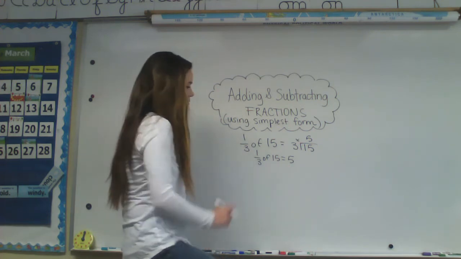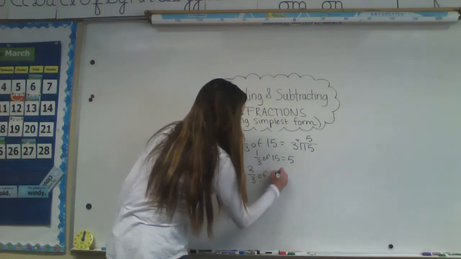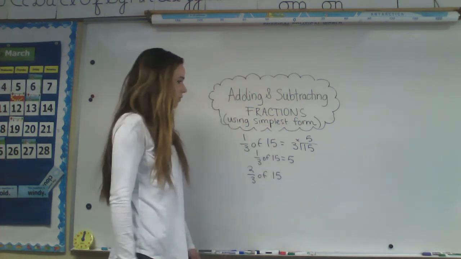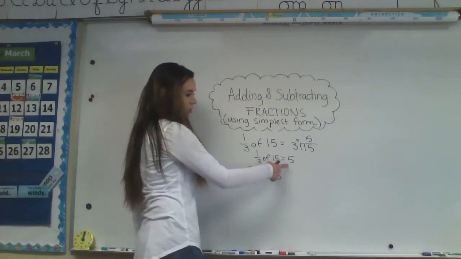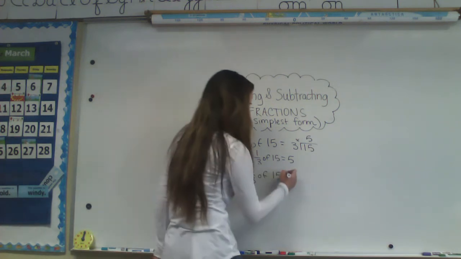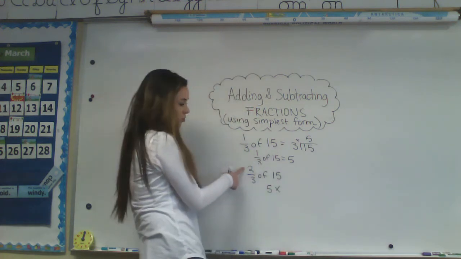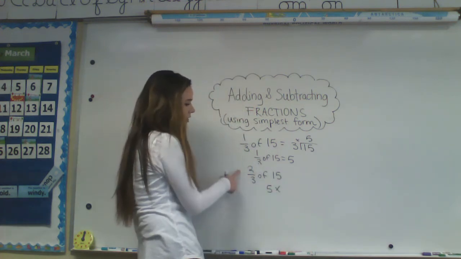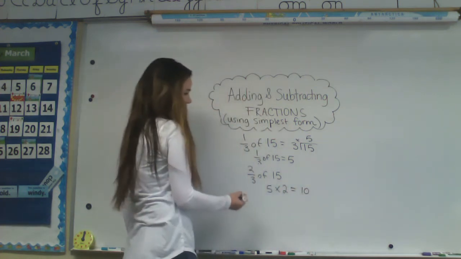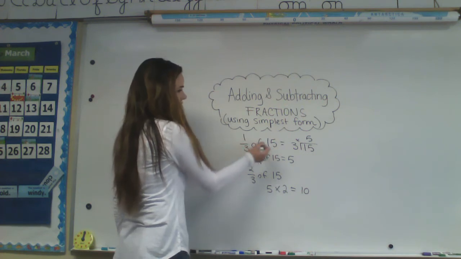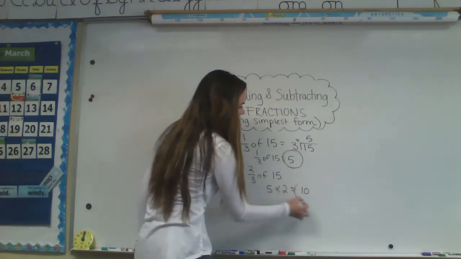But then it asks, what are 2/3 of 15? Well, the way that we do that is we take what we know 1/3 of 15 is, which is 5. So 5 times 2, because we're dealing with 2/3, and that gives us 10. So 1/3 of 15 was 5, and 2/3 of 15 was 10.